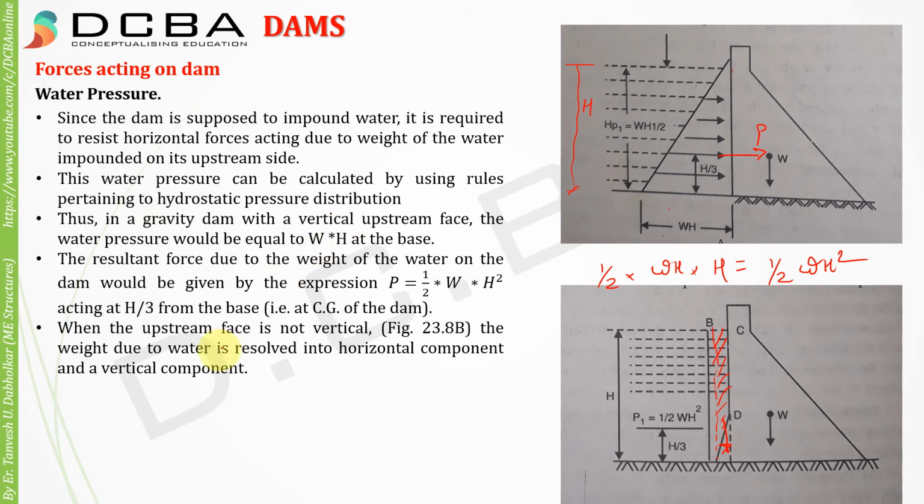So when the upstream face is not vertical, the weight due to water is resolved into a horizontal component and a vertical component. The vertical component is exactly above this small inclined part, and the horizontal component will be calculated as above. So there will be two components now, a horizontal component and a vertical component.